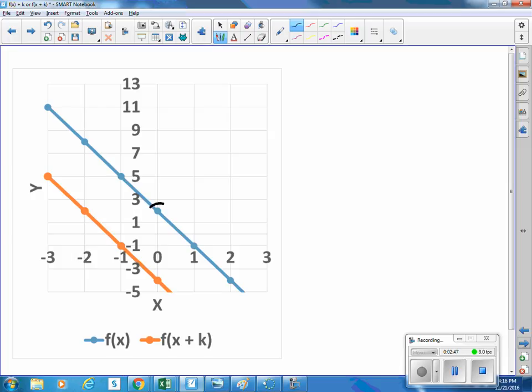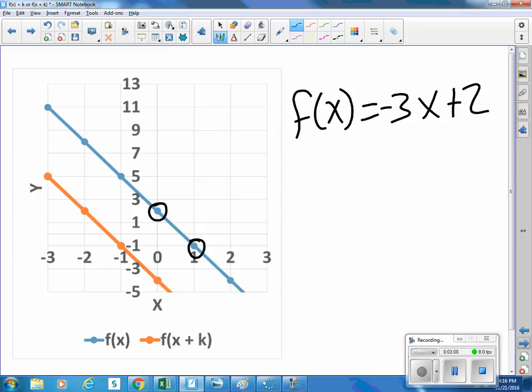Now they're saying that the k is shifting inside the parentheses, so it's left or right. The original function crosses at 2. And so to get to the next point, I go down from 2 to -1, so I go down 3 and over 1.